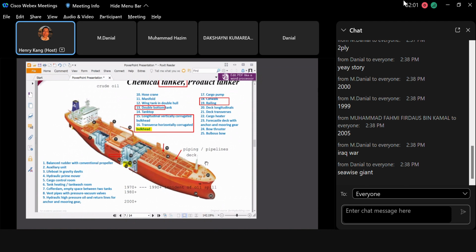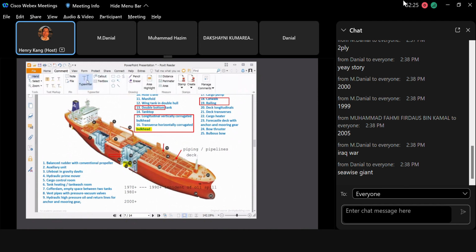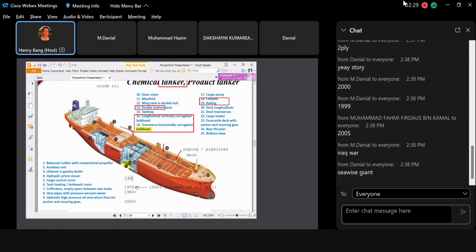Is there any other interesting thing to know? Double bottom hull is not a new design, but it was only recently implemented for tankers, within the recent 30 years. However, the invention of the double bottom hull is not new. It goes back to the 1890s and 1980s, when some steel ships already had a double bottom hull.